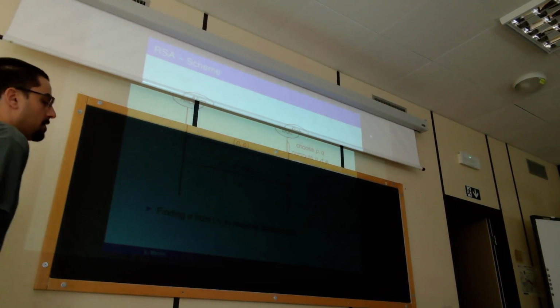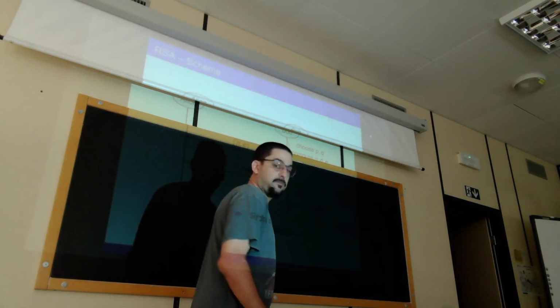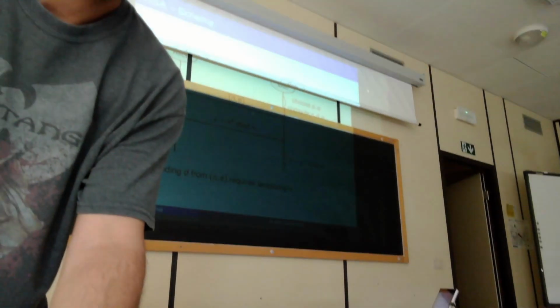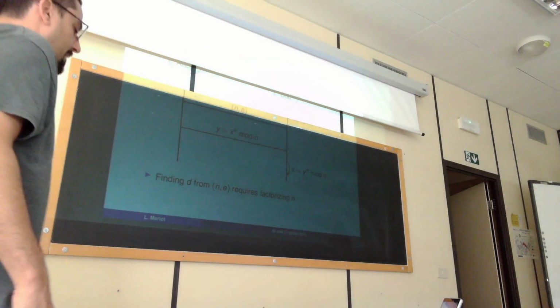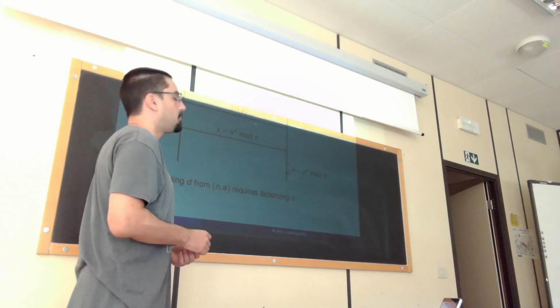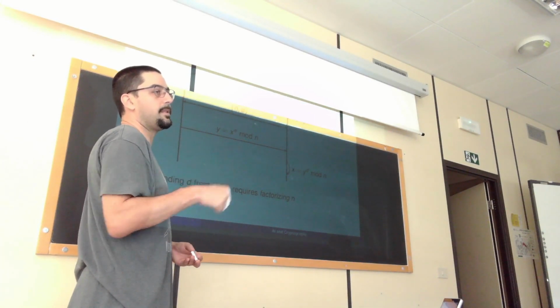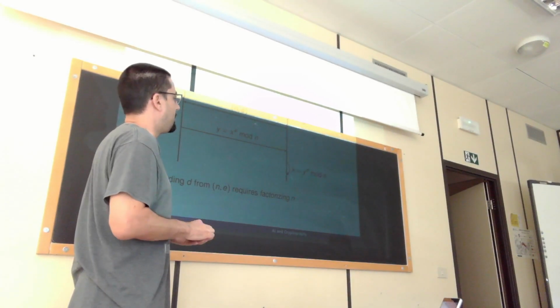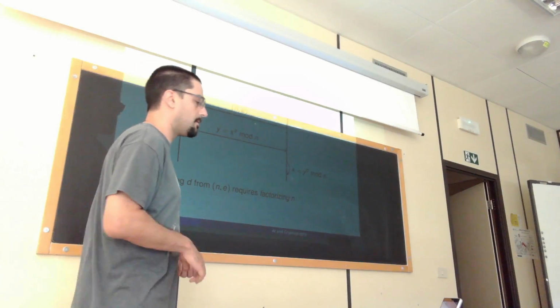We want to find a way where Alice can send a message to Bob, encrypted, using the public key of Bob. And then Bob has his own private key, and in this way he can decrypt the message.